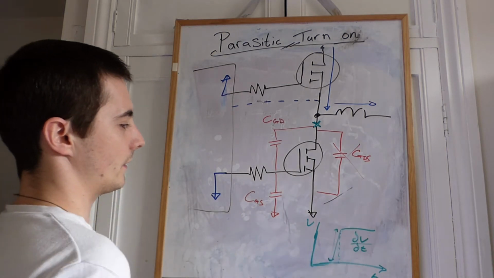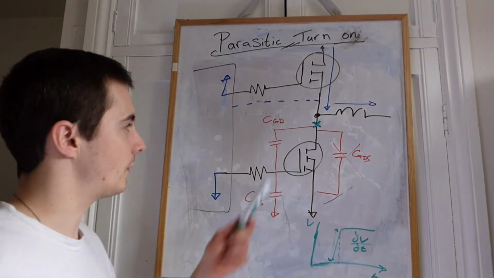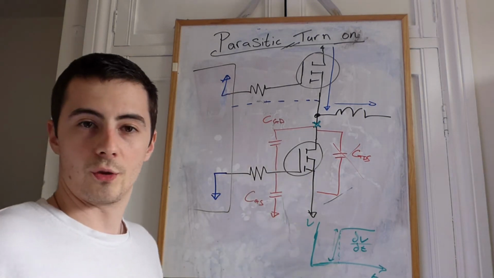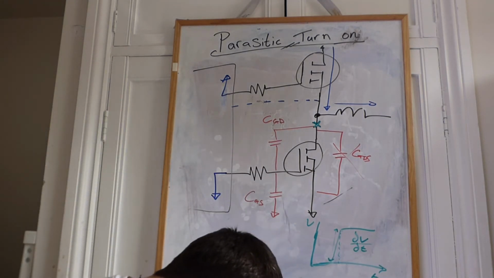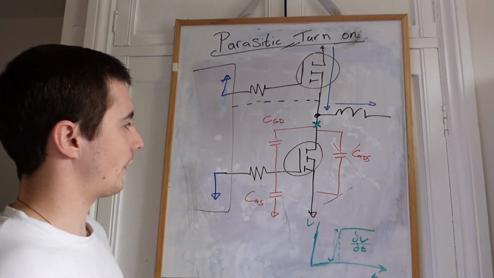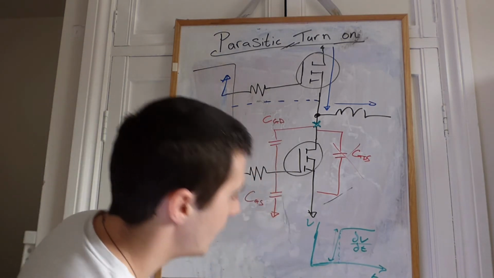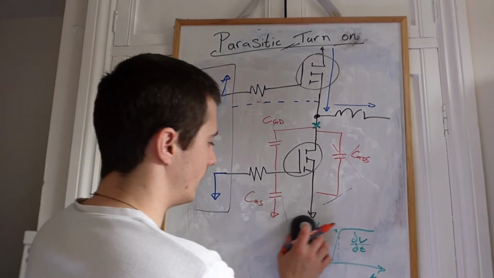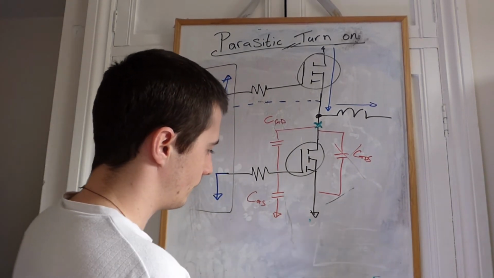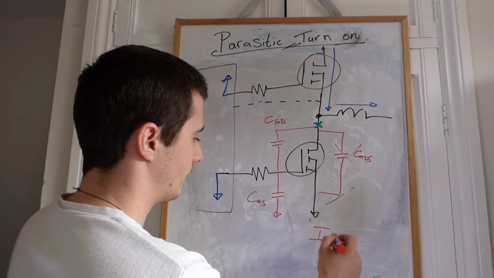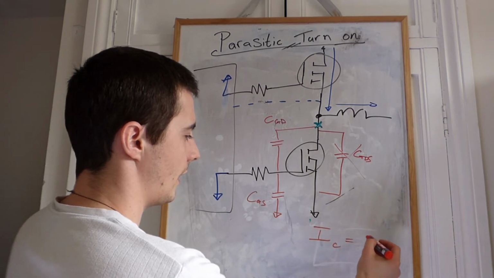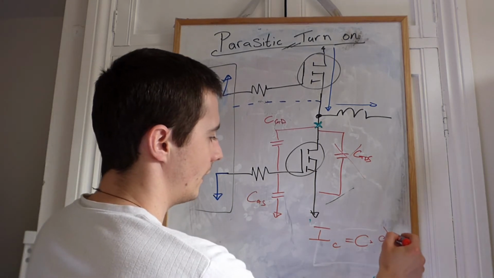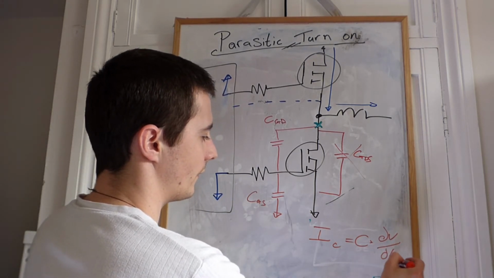So why is that a problem? Okay, we've got a high dV/dt point there. What's the problem? Well, I'm sure it's nothing new to you that the equation for current flowing through a capacitor is I equals the capacitance of the capacitor multiplied by the rate of change of the voltage.